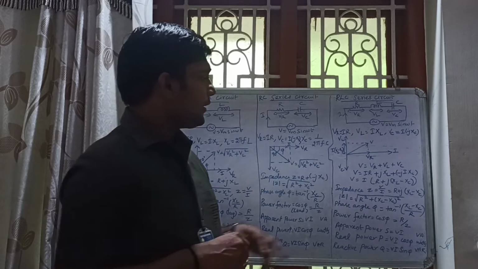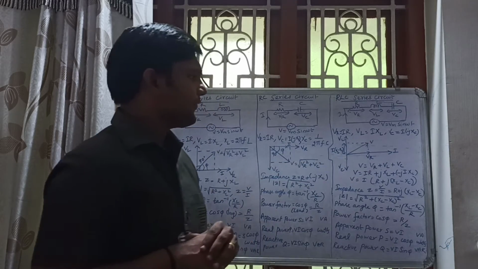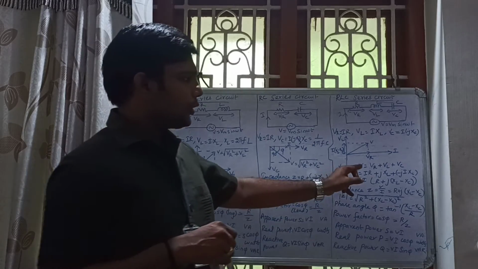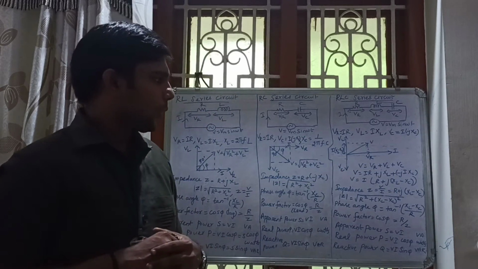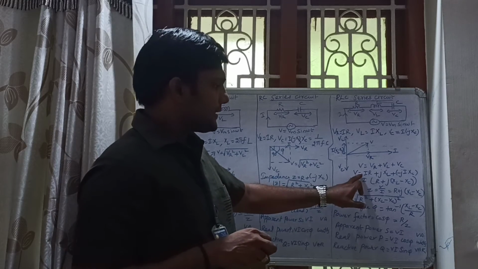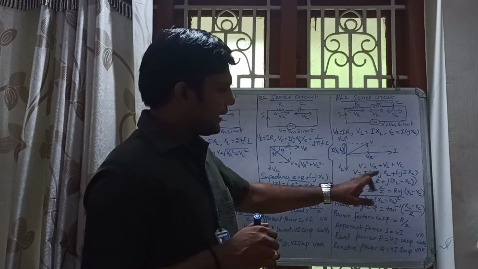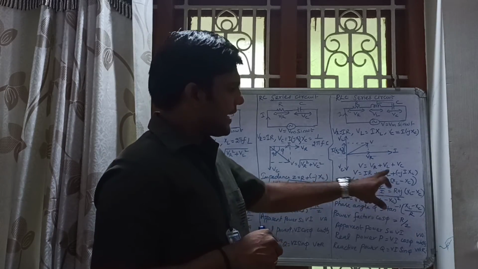Here see here the resultant voltage V, which is equal to VR plus VL plus VC. Which is equal to the resistive voltage, that is I into R, and inductive voltage is j into I XL.